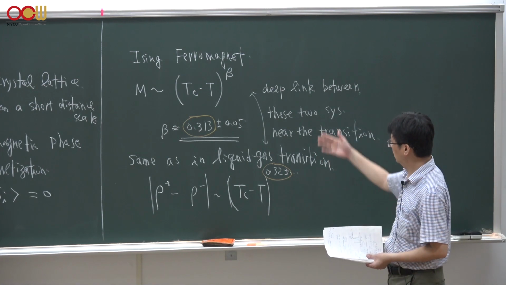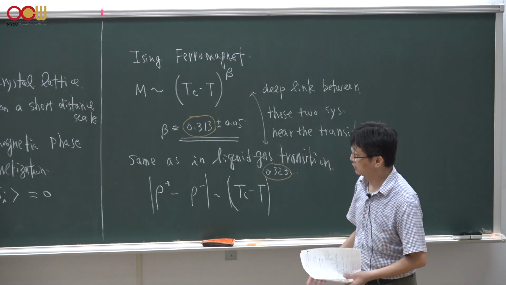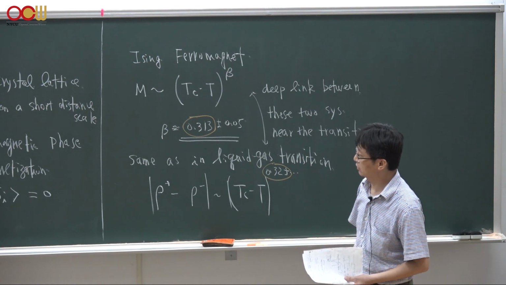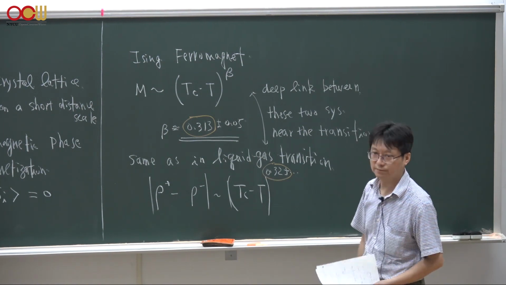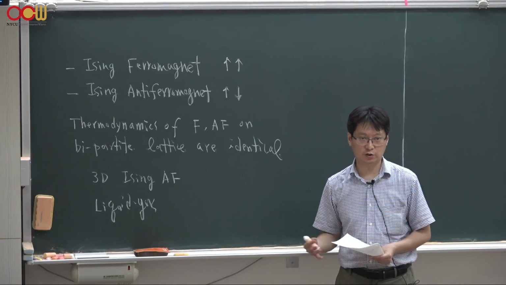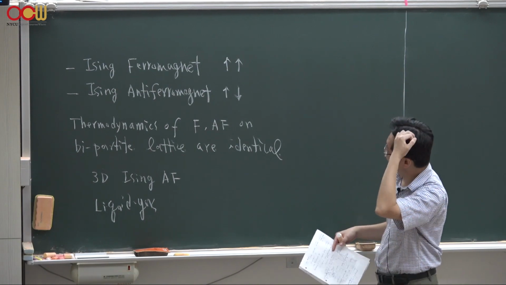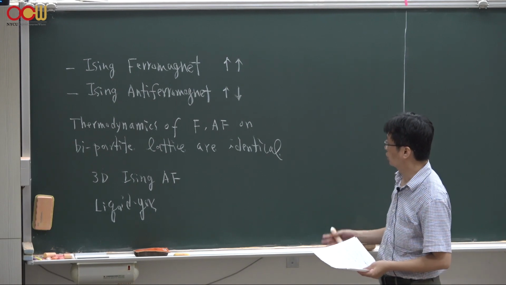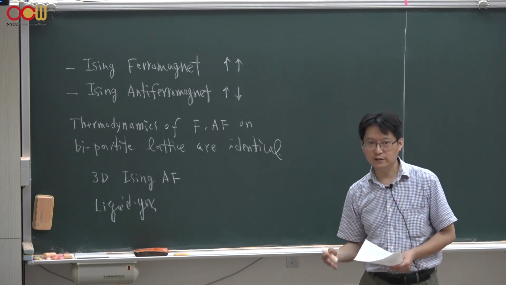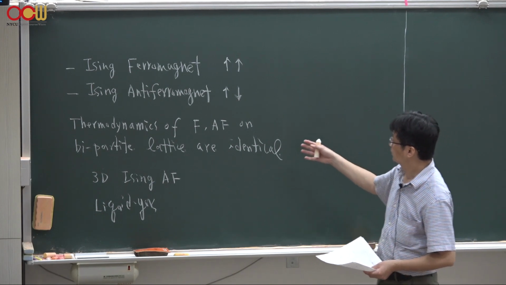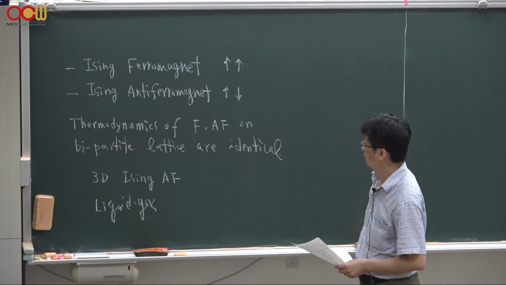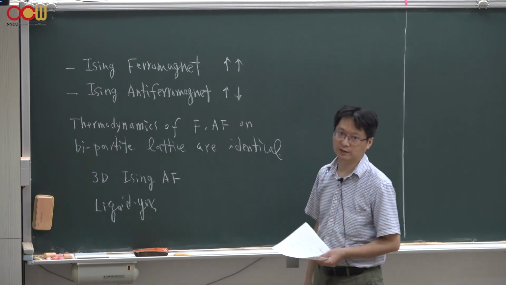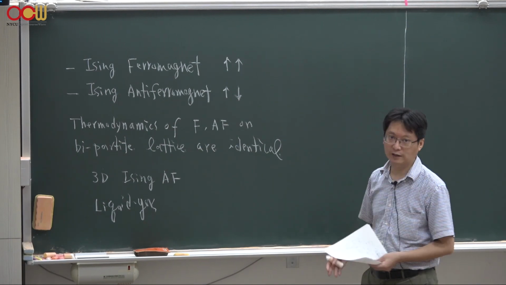Even though these two systems appear to be very, very different, near the transition they behave almost the same. Before I introduce the third example, let's summarize these two transitions. One is the liquid gas transition, another is the magnetic transition. For a magnetic system, it is very interesting to know that the thermodynamics of a ferromagnet and an antiferromagnet on a bipartite lattice are identical.